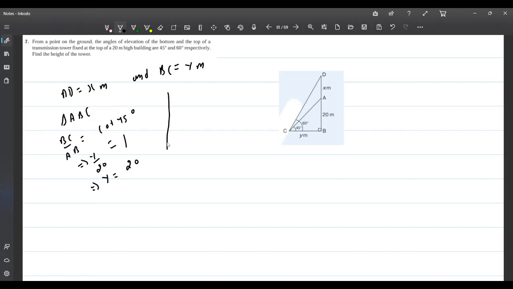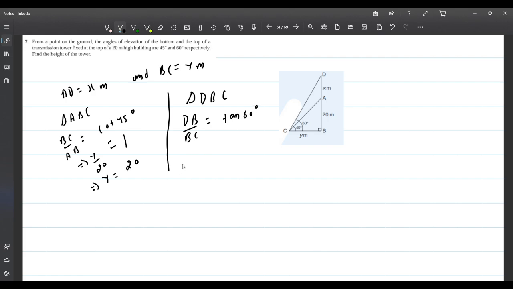Now in a right angle triangle DBC, DB upon BC is equal to tan 60 degree.